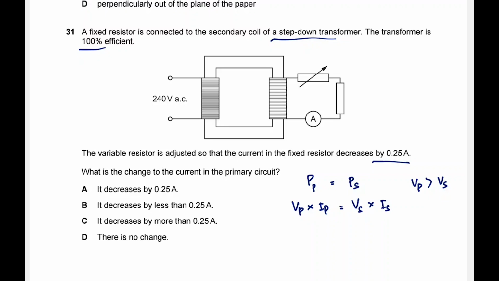From this equation, we can tell that when the current in the secondary decreases, the current in the primary also decreases. But since the voltage is greater in the primary, even though the current decreases, it will decrease less than the decrease in the secondary. So it decreases by less than 0.25.